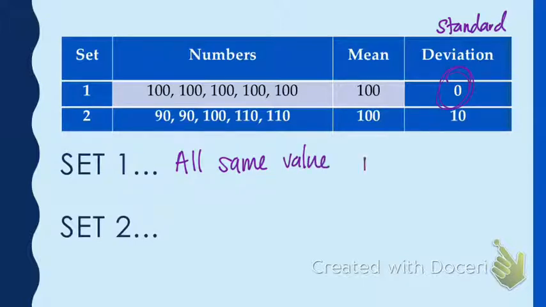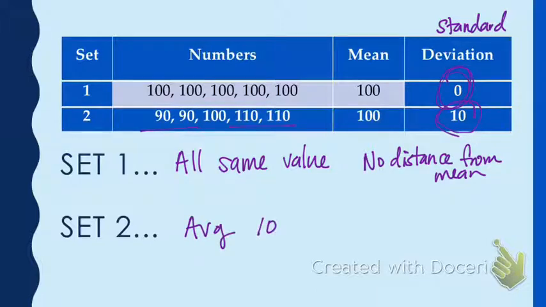So virtually there is no distance from the mean. And why is set 2's standard deviation 10? Because basically 4 data points are away from the center, so they average 10 from the mean. So the average distance from the mean is 10.